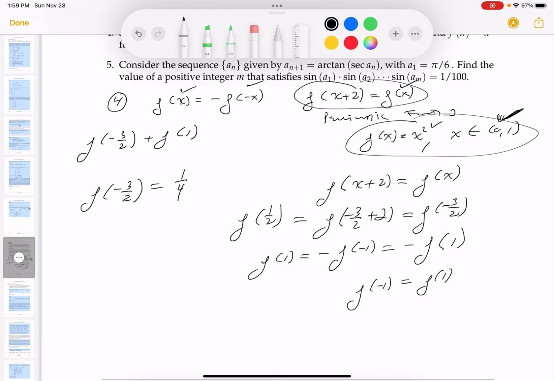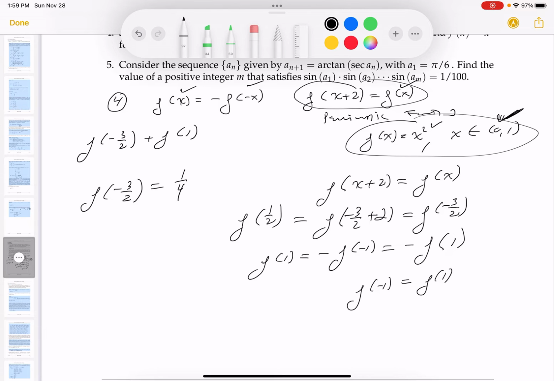All right, let's take a look at that. Let's see if I copied everything down right. And I still can't use that other function, though, can I? They got to be equal. So f of x plus 2 equals f of x. I did the f of a half, it's the same thing as f of minus 3/2.